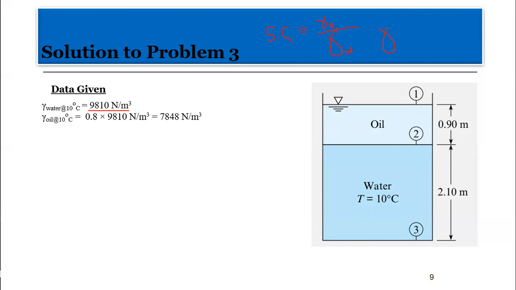So the specific weight of oil is equal to, cross multiply, gamma of water times SG. So that is what they did here. So oil is 0.8 times that, and then we end up having 7848 Newton per cubic meters, okay? So this is what we are dealing with here.